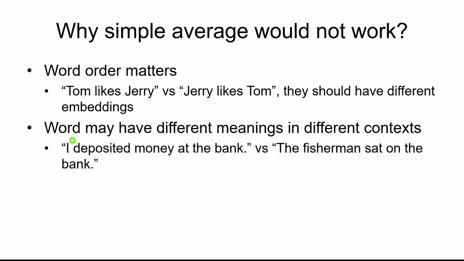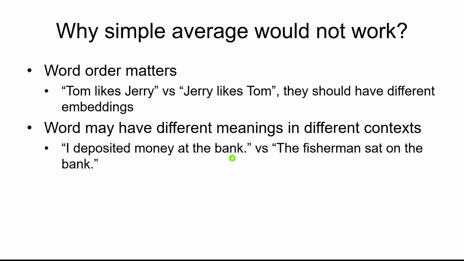The second thing is the word may have different embeddings for different meanings in different contexts. So, for example, if we look at these two sentences, I deposited my money at the bank versus the fisherman sat on the bank, we can see that the word bank has different meanings in these two sentences.